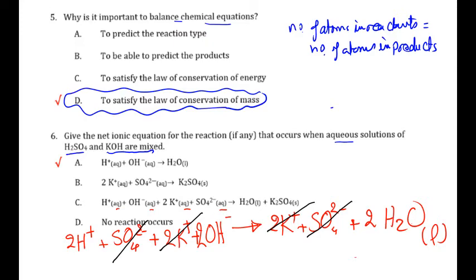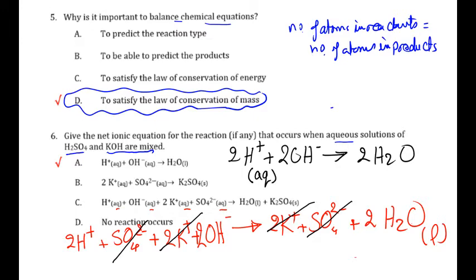And what's left is the final ionic equation. So 2H plus 2OH gives 2H2O. And don't forget to write the states. Hydrogen ions are aqueous because originally the solutions were all aqueous.